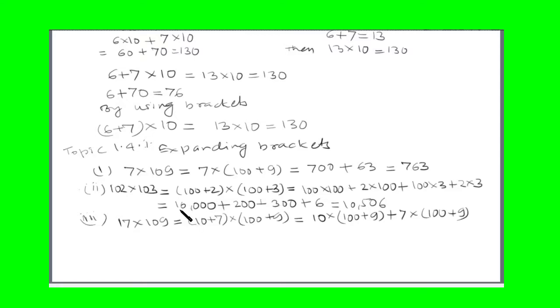Now we solve this. So what do we get? 10 multiplied by 100, we get 1000, plus 10 multiplied by 9, we get 90, plus 7 multiplied by 100, we get 700, plus 7 multiplied by 9, we get 63.